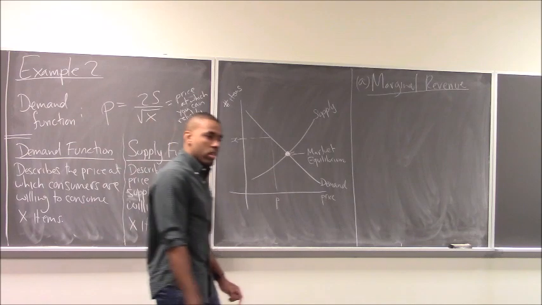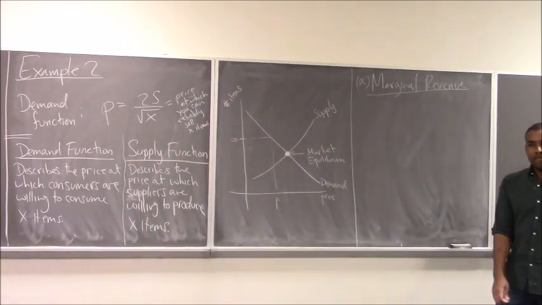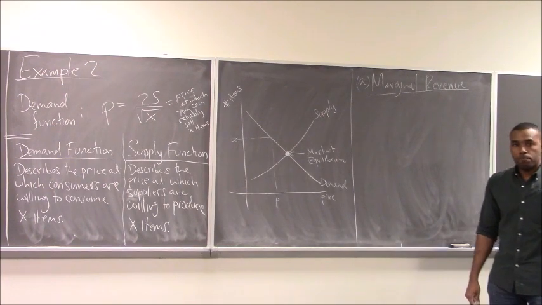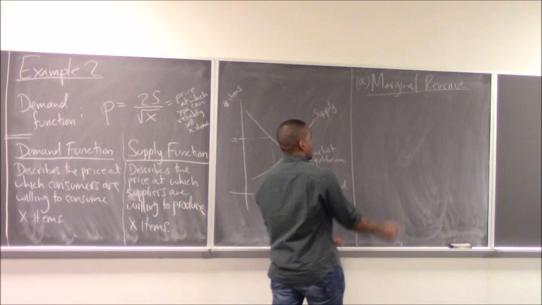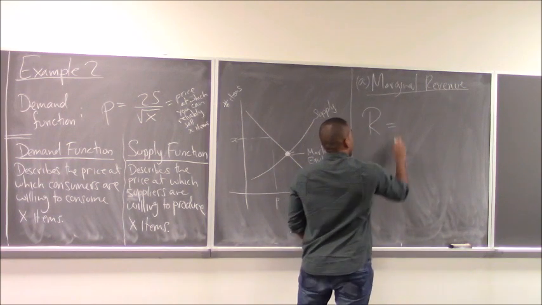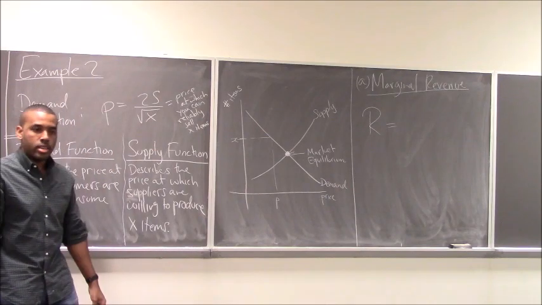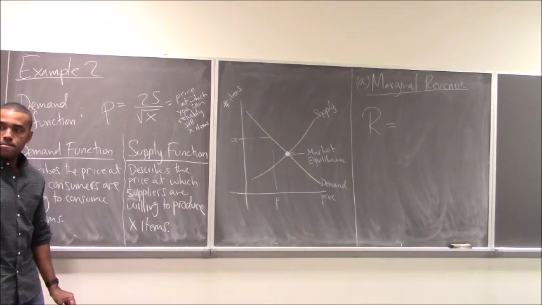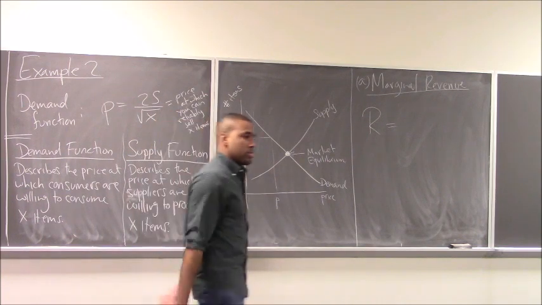So how do we find a revenue function? What's the most naive way to find revenue? How much money will you make by selling X items? The price of the item times the amount of items.